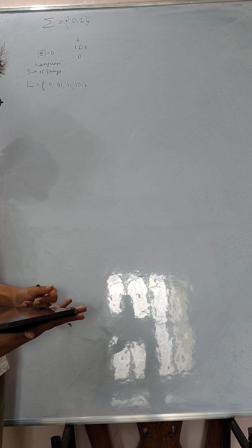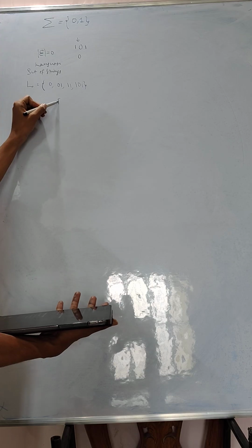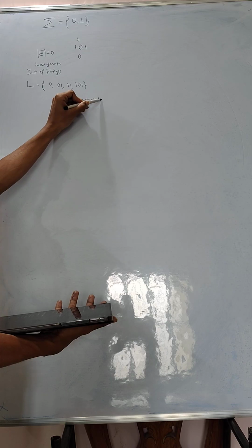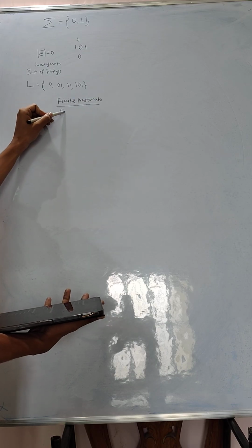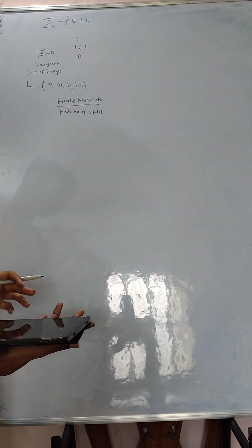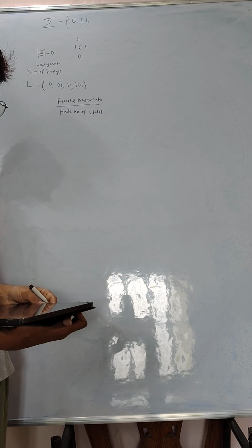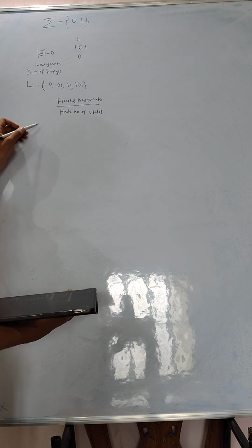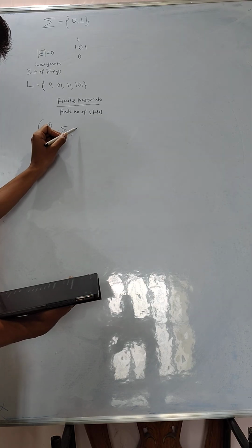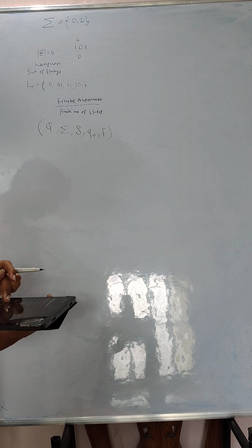Then finite automata. A finite automata means a machine having a finite number of states. A finite automata is of two types, DFA and NFA. The components of a finite automata are Q, sigma, rho, Q naught, F. What does each of these mean?